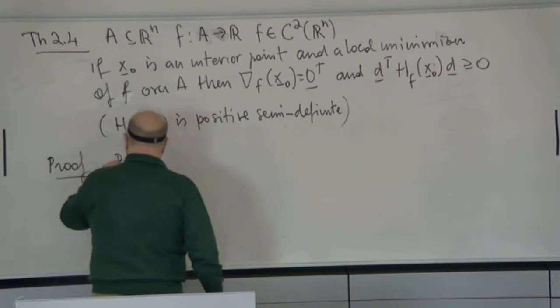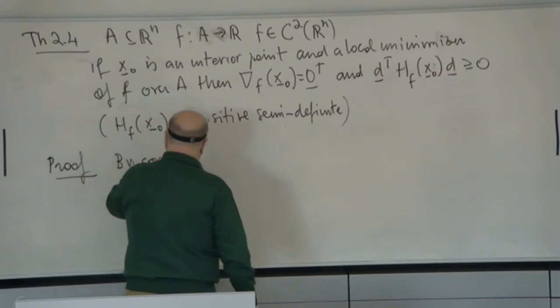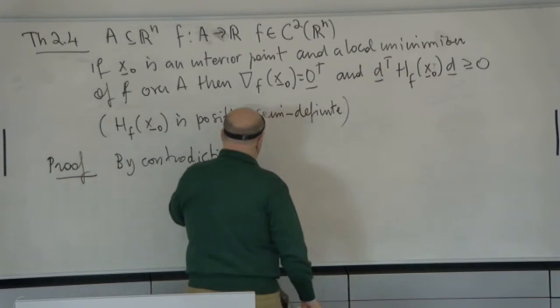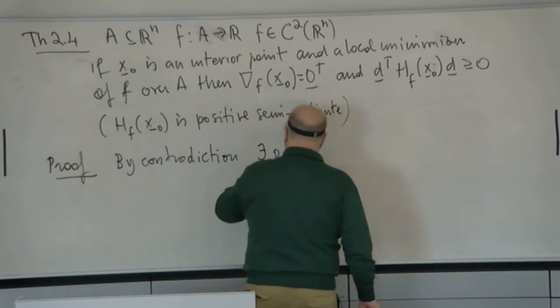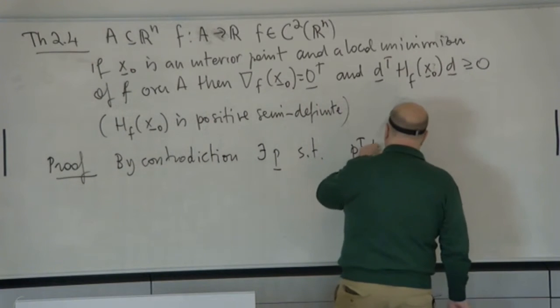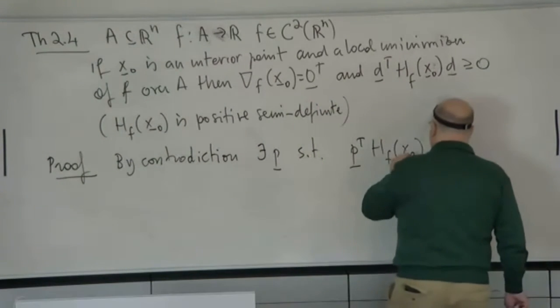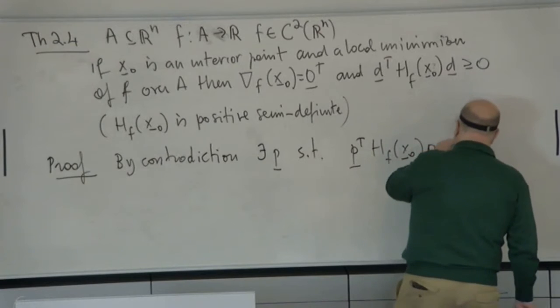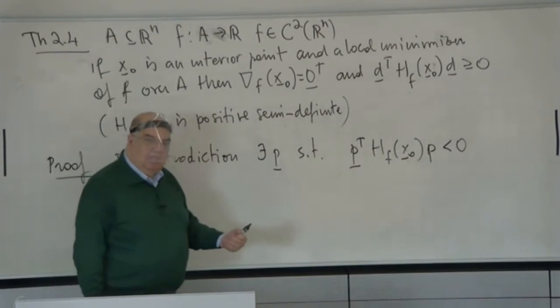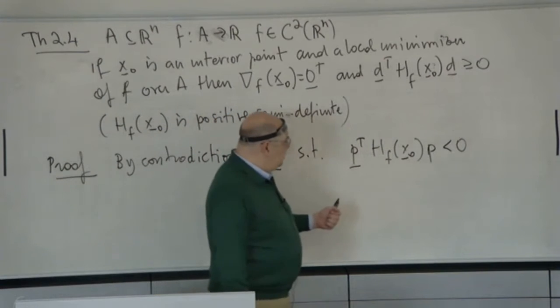So by contradiction, say there exists a direction p such that p transpose Hf at x0 p is negative. So we want to get the contradiction.